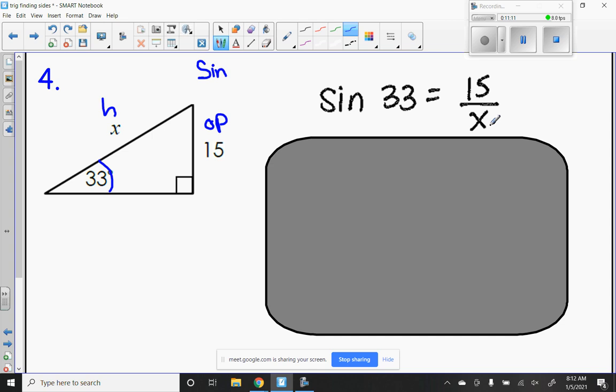Now remember, the x is on the bottom only because sine says hypo has to be on the bottom, and the x is in the hypo spot. Here's what I want you to do. I want you to take your x, put it on this side of the equal sign. So here's what my equation is going to look like.